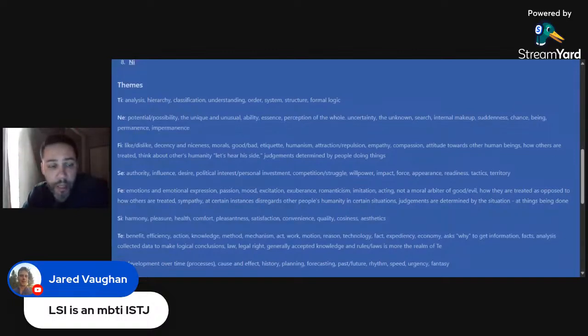It's just being combined with SE and all the sensory stuff, such as analysis, hierarchy, understanding, order, combined with, down here with SE, authority, influence, political interest, competition, struggle, willpower, force. You put that together and you have LSI paradise, as well as SLEs and stuff like that. Right?